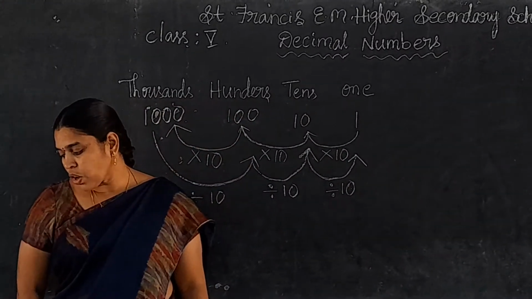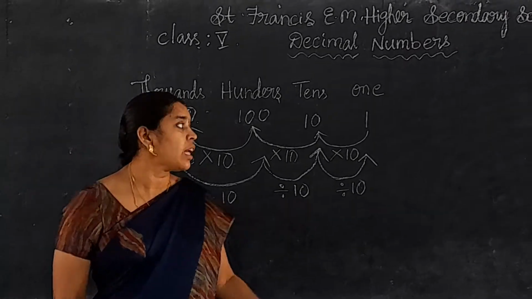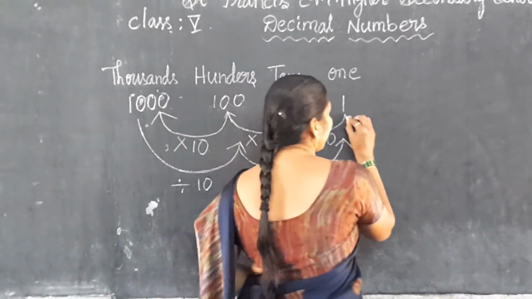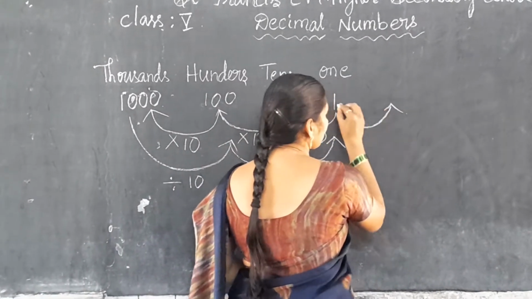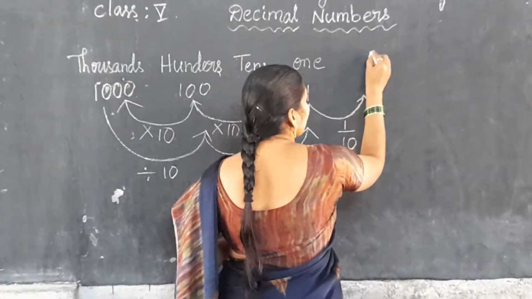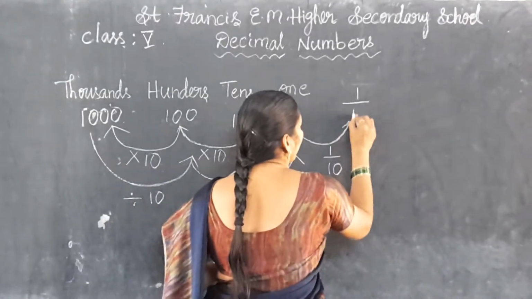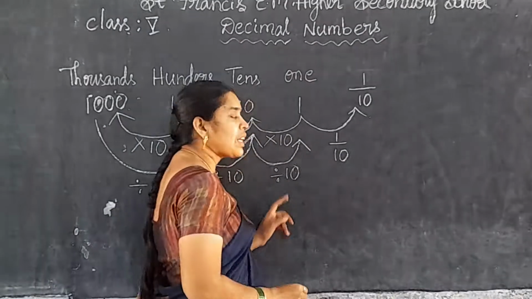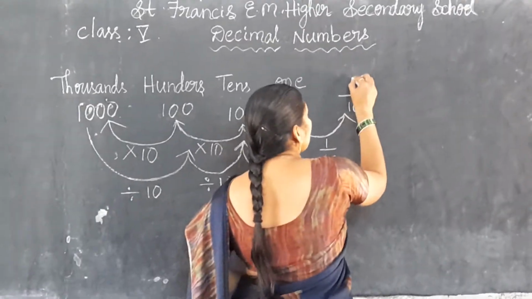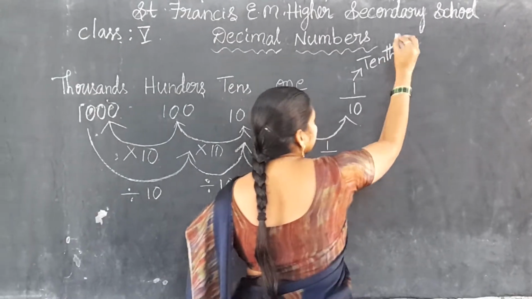What is the place value of the digit 1 when it moves further right to this place? You should divide by 10. This 1 you should divide by 10. Then 1 divided by 10 means 1 by 10. We will read it as tenths place.